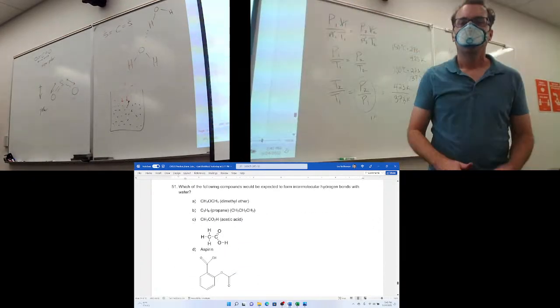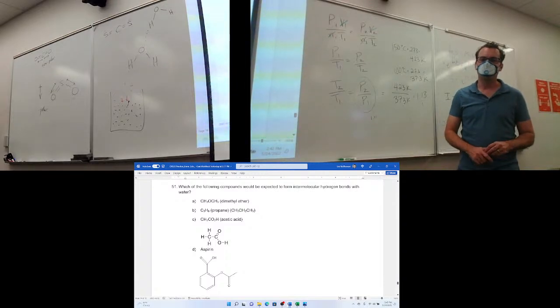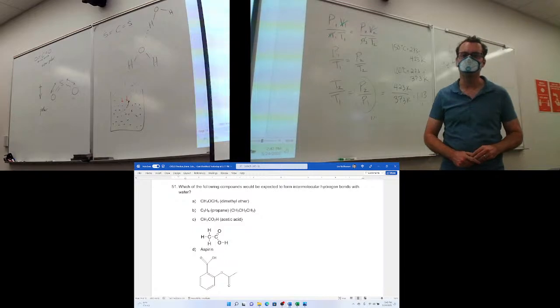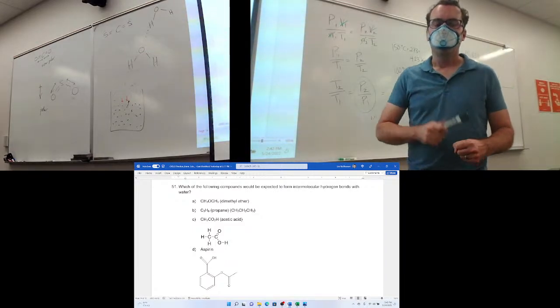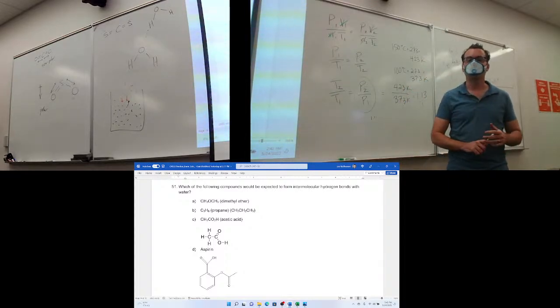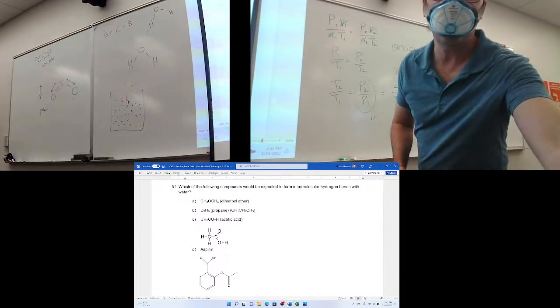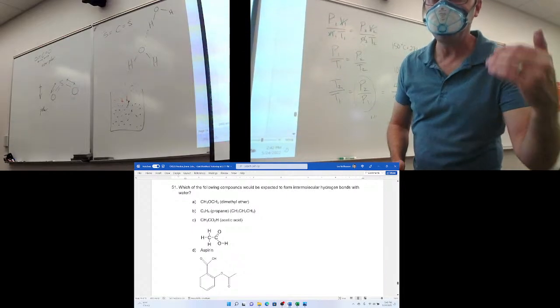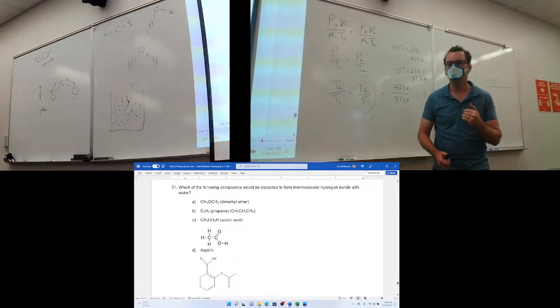All right. Which of the following compounds would be expected to form intermolecular hydrogen bonds with water? This is not the best question either, but I think the answer key states that all of them except for propane can do it.